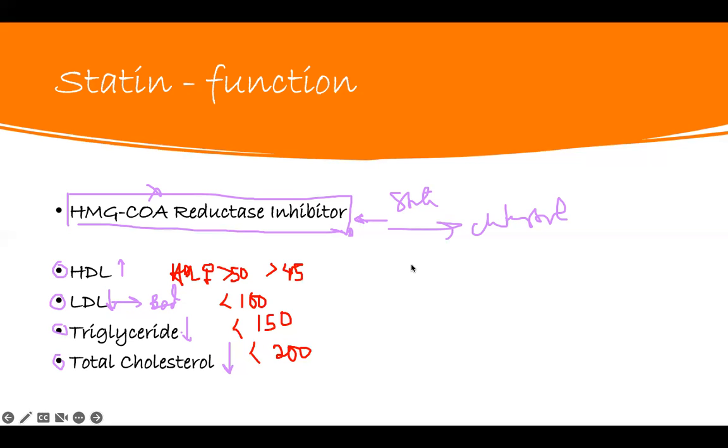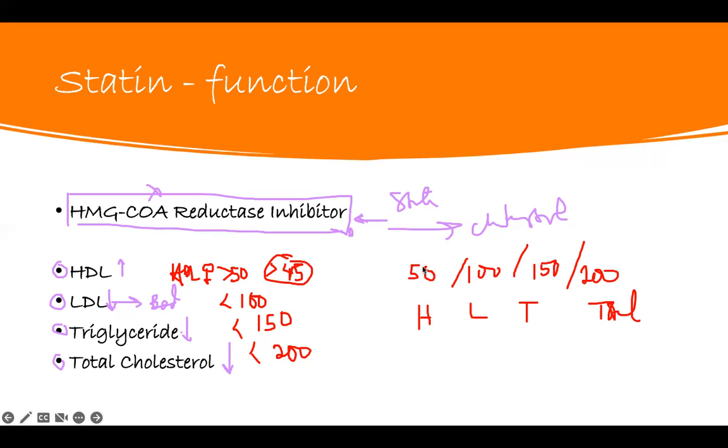So the way to remember it is 50. Some people ignore the 45 in case they really want to be strict in terms of whether male or female, and they use 50. Add another 50, you get 100. Add another 50, you get 150. Add another 50, you get what? 200. Then to remember which one it is, you just base it on the alphabet: H, L, T, and this will be the total.